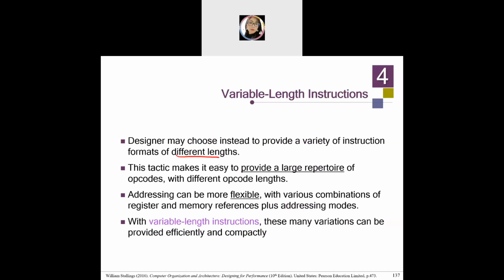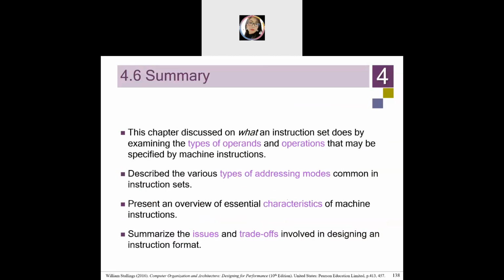So this style makes it easy to provide a large repertoire of opcodes with different opcode lengths. So addressing can be more flexible with various combinations of your register and memory references plus your addressing modes. With this variable length instruction, many variations can be provided effectively and compactly. So that is the summary and the end of module 6.